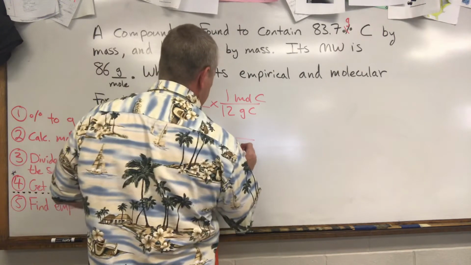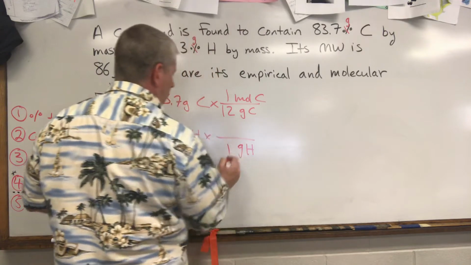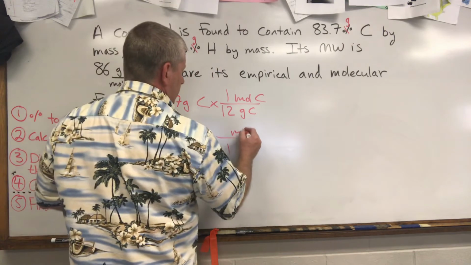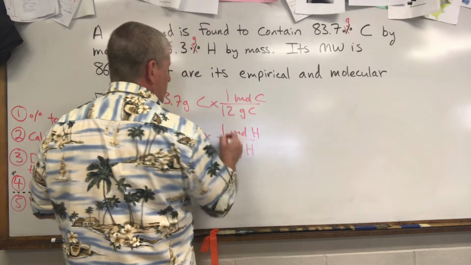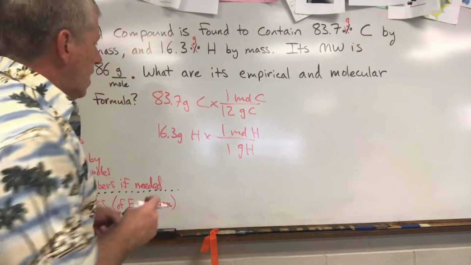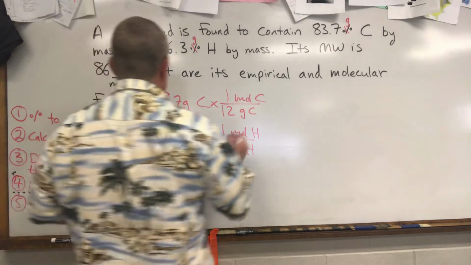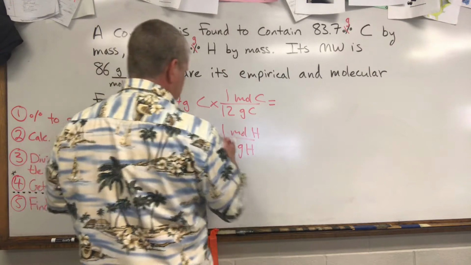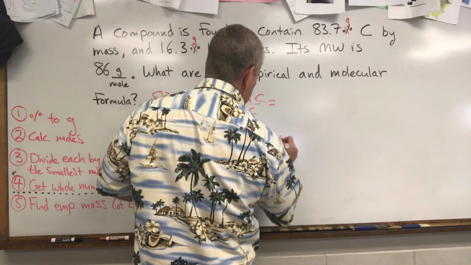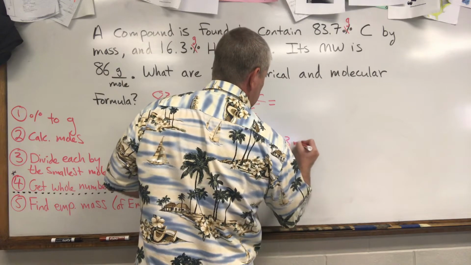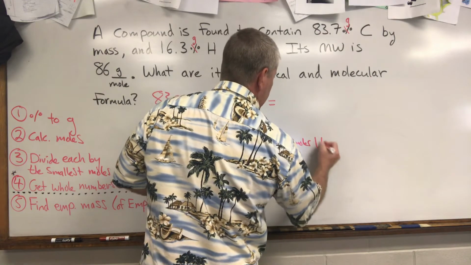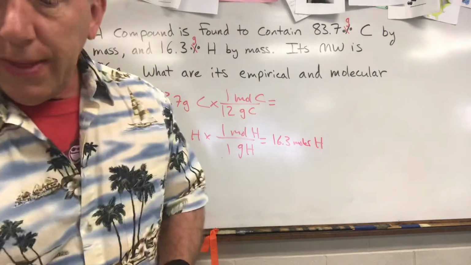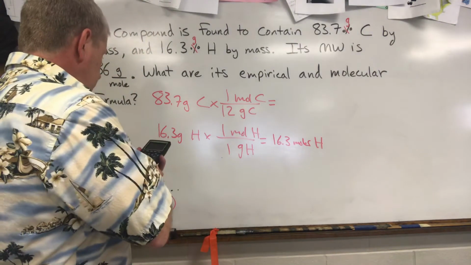For the hydrogen, we have grams of hydrogen, 1 gram of hydrogen, converting it to moles of hydrogen, which we always put a 1 next to the mole. So do the math. It's going to be 83.7 divided by 12 and 16.3 divided by 1. So this will be 16.3 moles of hydrogen. Now that one I don't have memorized, so let's go ahead and do this one out.